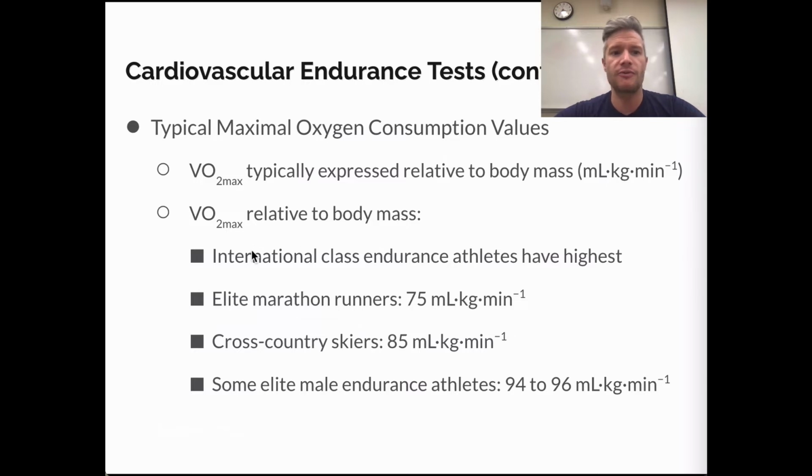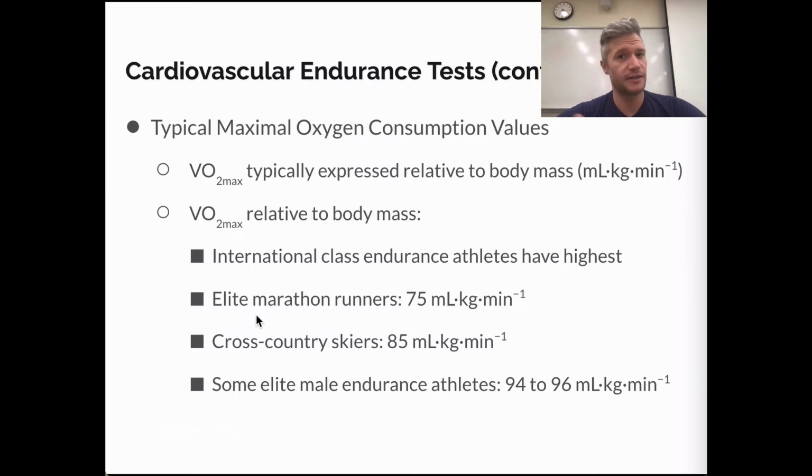And typically what we find for the most cardiovascularly endurance fit athletes in the world, they come from sports like cross-country skiing, sometimes rowing, and marathon running. So again, these weight-bearing activities usually demand the largest amount of muscles moving for the longest period of time at the highest intensity.